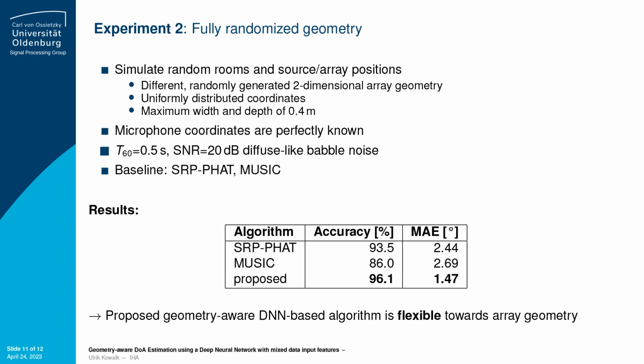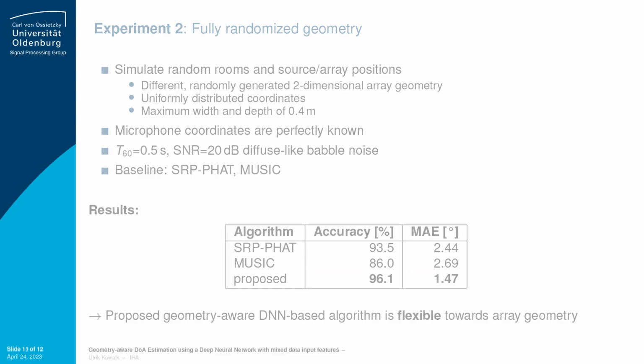There is 500 milliseconds of reverberation and background noise with an SNR of 20 dB. As baseline algorithms, we consider SRP-PHAT and MUSIC. The results show that the proposed geometry-aware DNN-based algorithm is flexible towards changing array geometry and even outperforms the baseline algorithms under the given conditions.